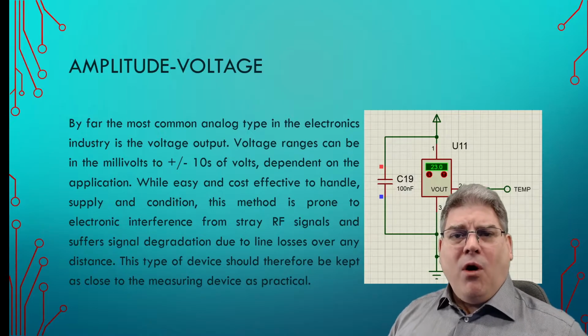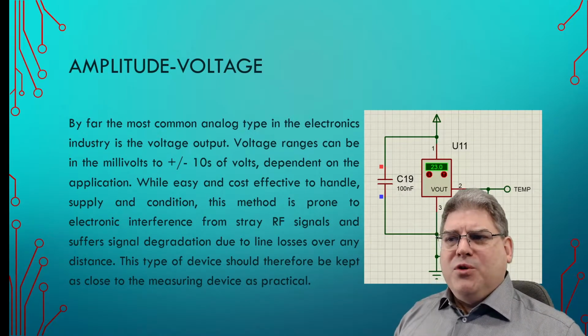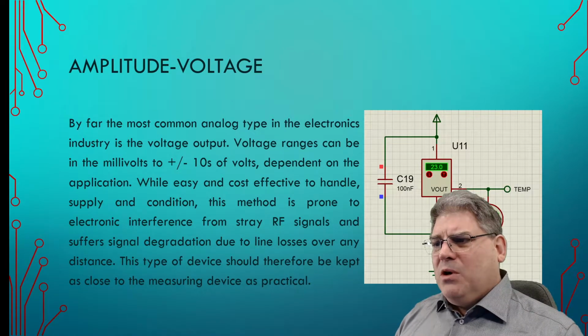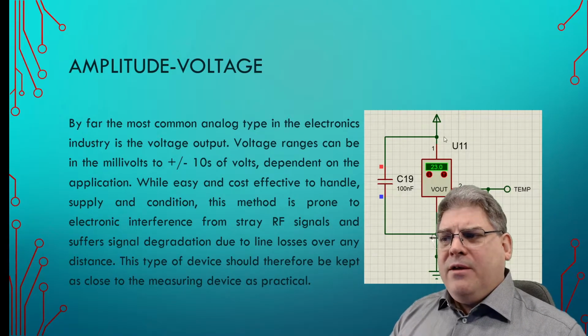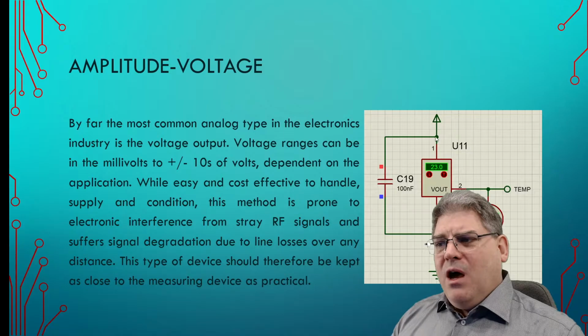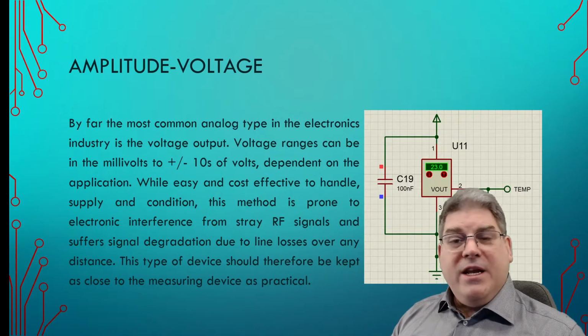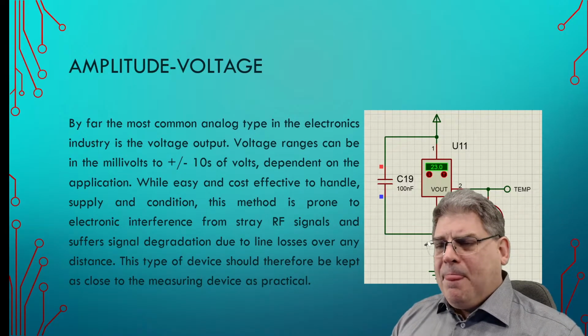More prevalent for onboard stuff, so on your circuit board, would be amplitude voltage sources. So in this case, we're looking at a TMP36 in this example. And the way this works is we have a voltage, a ground, and it just outputs a signal that is linear to the temperature.